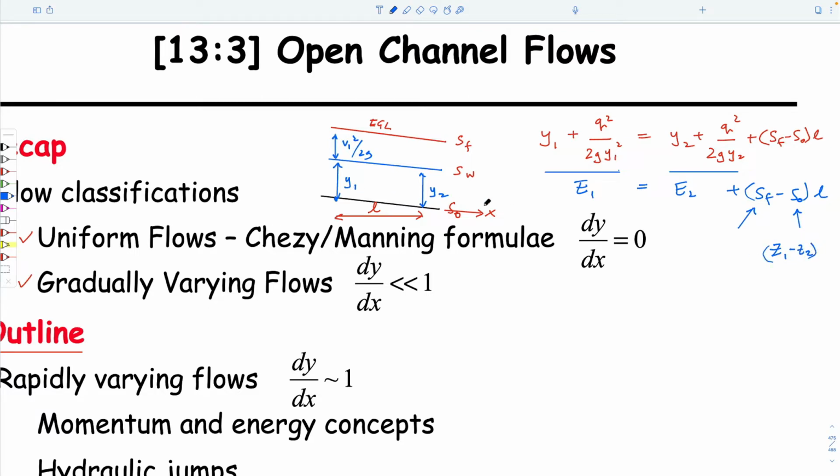So it's the slope of the bed divided by L. So S0 is just this term here. So if you multiply by L, it cancels out. And the other term is the slope of the energy grade line. And so this actually is equivalent to the head loss. So in other words, if you look at the head loss going from upstream to downstream, this is it.